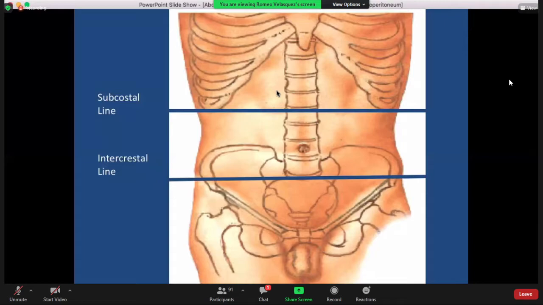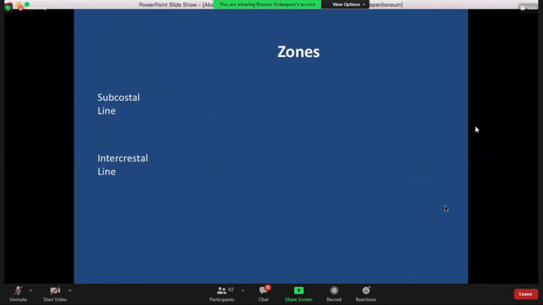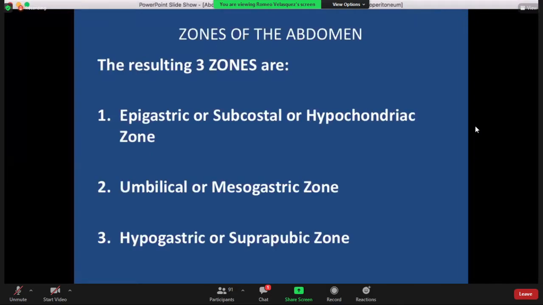Now you divide the anterior abdominal wall into 3 regions using the 2 lines, subcostal and intercrestal, the 2 horizontal lines. Now, to produce the 9 zones, you will need vertical lines. So those are the resulting 3 zones.